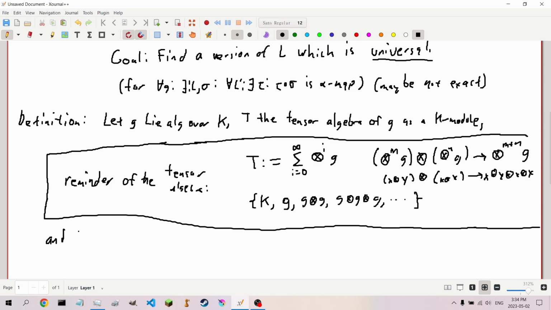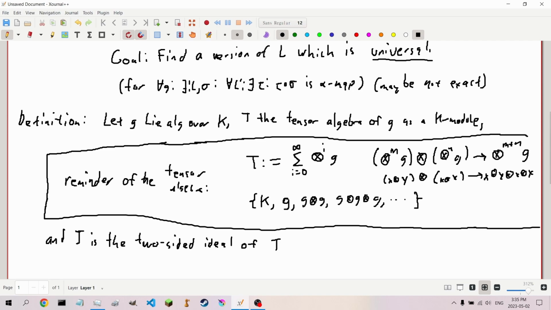And J, continuing on, is the two-sided ideal of T, because keep in mind T is not a Lie algebra inherently, so we need to specify the direction of the ideal.